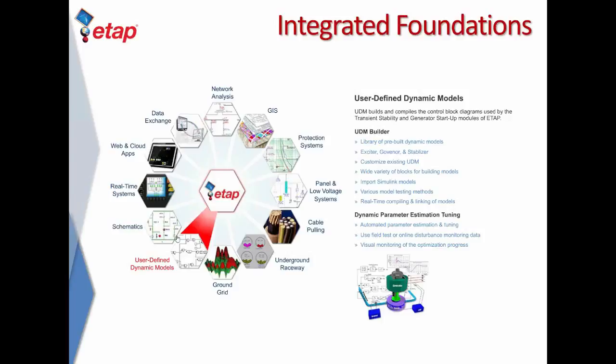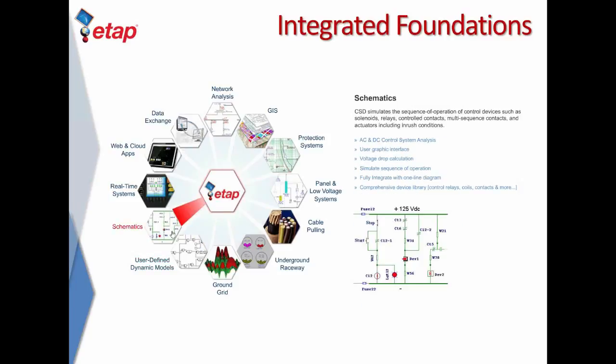You can also use ETAP to go down into the control circuit diagram level, where you can model the control relays, Form C contacts, solenoids for control circuit diagrams, including the voltage drop calculation, such as a breaker open-close circuit, a DC motor, stop-start circuit. These are some of the examples of control circuits you can model and simulate inside the program.